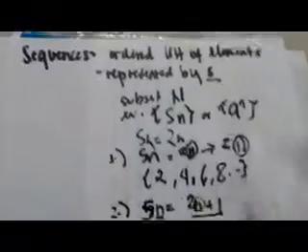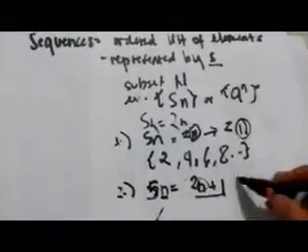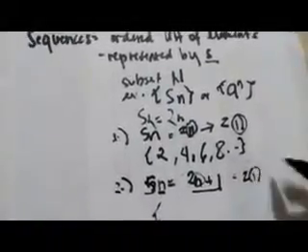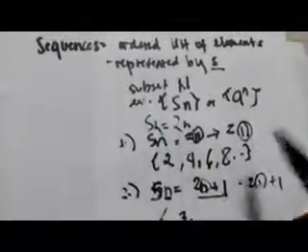Keep in mind that n starts again with 1. So let's write a set. 2 times 1 is 2, plus 1, so 3. I have a trick for you. The next one is 2 times 2, which is 4, plus 1, so 5.